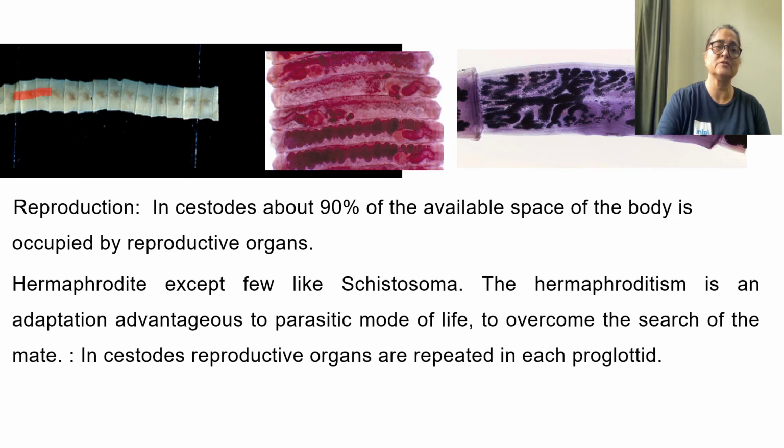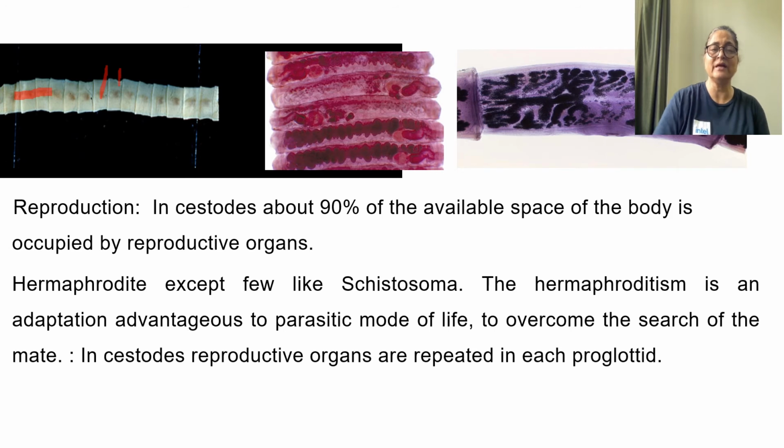All these are the reproductive organs, and usually they are found in a double set in a single segment, and the proglottids are mature, immature, and gravid proglottids. A gravid proglottid is totally filled by thousands of eggs. So they have a well developed reproductive system.